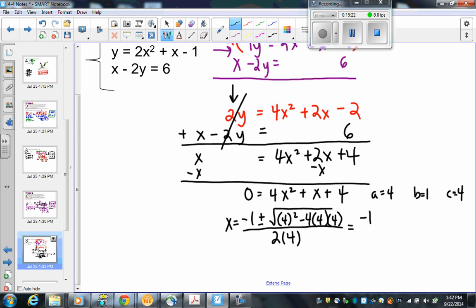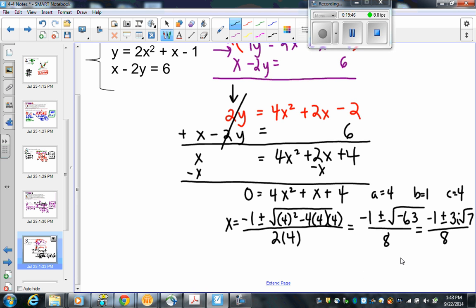Continuing to simplify this, this will give me -1 plus or minus the square root of -63 all over 8. And if I go further, that would give me -1 plus or minus 3i root 7 all over 8.